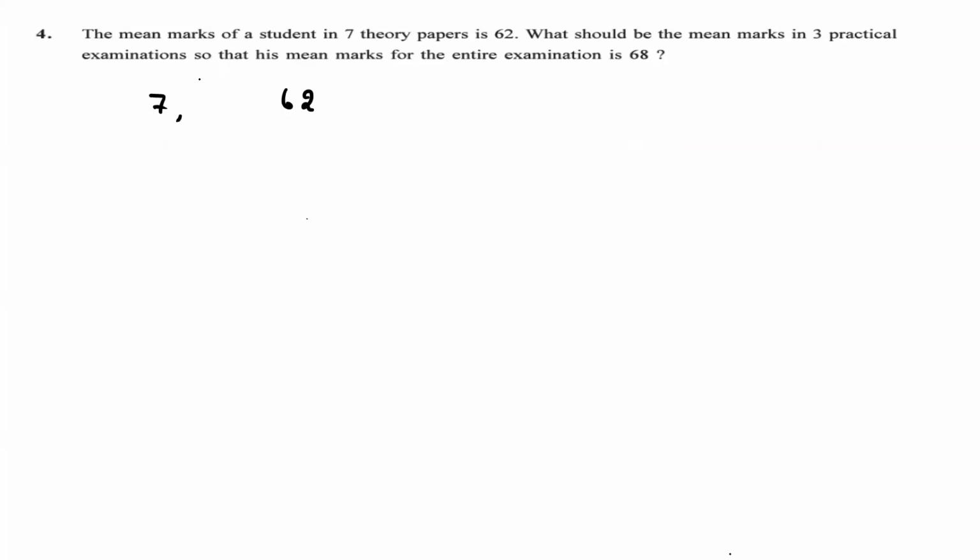You have to read the question. The mean marks of a student in 7 theory papers. So we can say n1 is equal to 7, and their mean comes to 62. We can say x bar 1 is equal to 62.